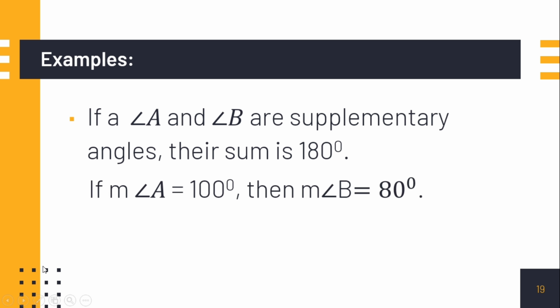So, if the measure of angle A is 100 degrees, then the measure of angle B is equal to 80. Okay. So, tinanggal ko yung degree. Kasi class, pag may M na tayo dyan, meaning may measure tayo dyan, so tanggal na dapat yung degree natin dyan. So, this is another example of using deductive reasoning.